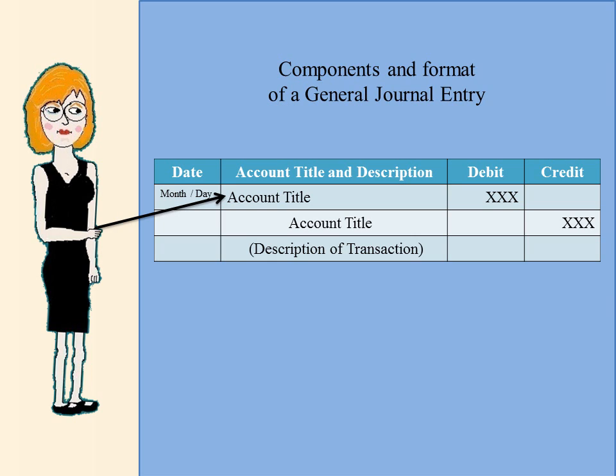When we do a journal entry, we must debit at least one account title and we must credit at least one account title. Notice that the debit is up against the line and that the credit is indented. This is the format we use.